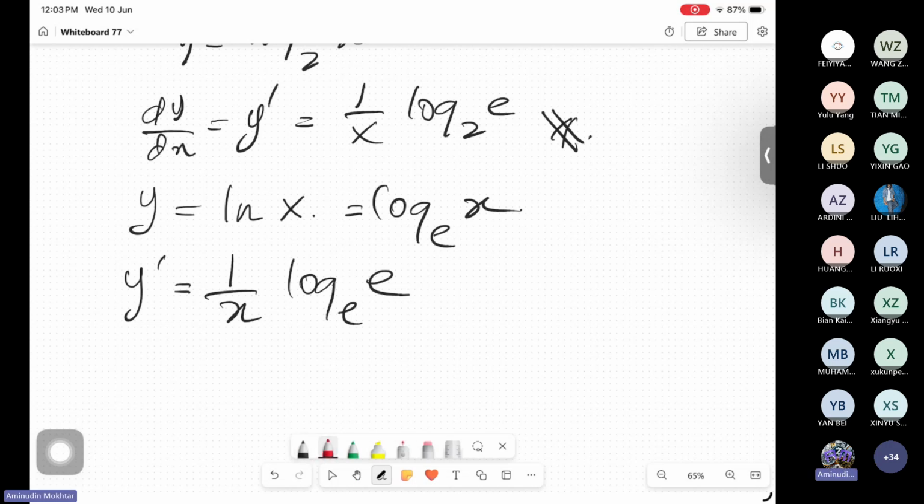If you refer to topic 1, the rule of exponent, log e of e must equal 1. So the answer is 1 over x. So we can conclude that if y equal to ln x, the first derivative of y equal to ln x is 1 over x. I think that's very easy to remember.